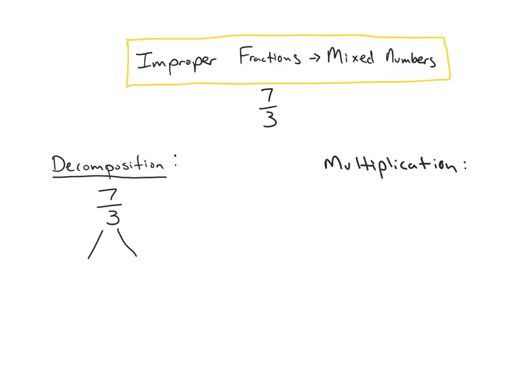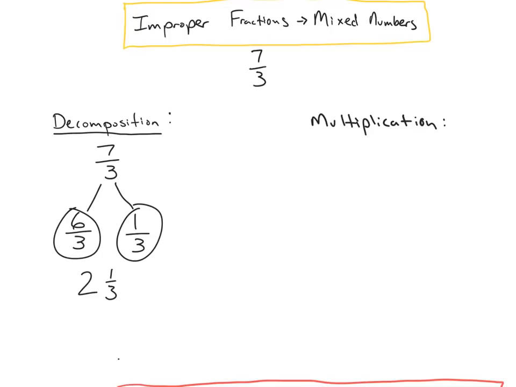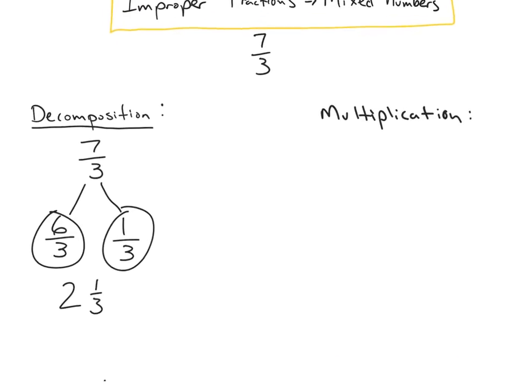So we think to ourselves, well, if I have 6 copies of 1/3 or 6/3, that's going to be 2 wholes, and that gives me 1/3 left. So 6/3 plus 1/3 is 7/3, and then I can easily rewrite this as 2 and 1/3. To represent that on a number line really quickly, let me zoom out here.